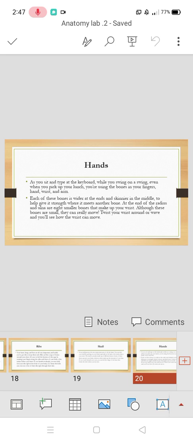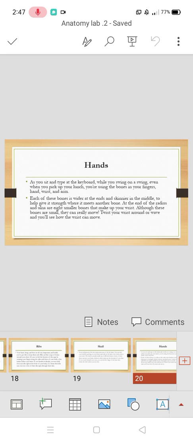Hands. As you sit and type on a keyboard, while you swing on a swing, even when you pick up your lunch, you're using bones in your fingers, hands, wrists, and arms. Each of these bones is wider at the end and skinnier in the middle to help give it strength where it meets another bone.